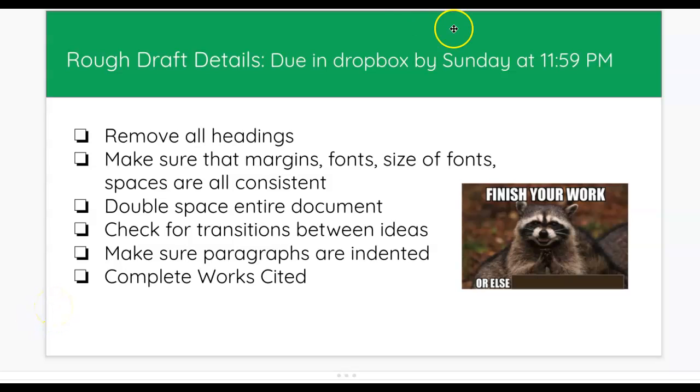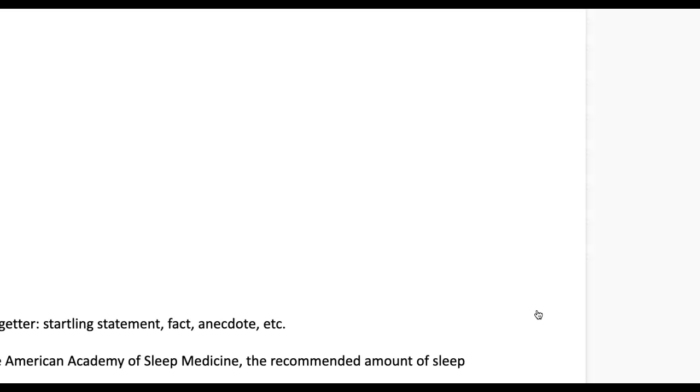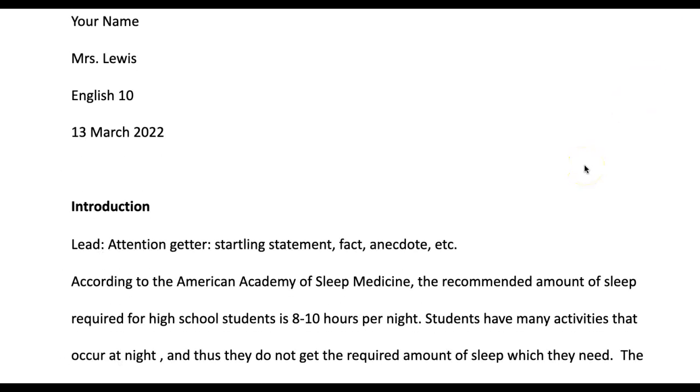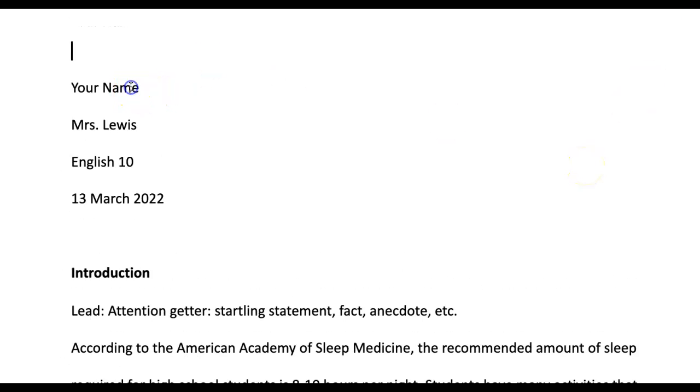Okay, how do we put your rough draft details together? First of all, you need to find whatever outline you've chosen. For example, if you have done outline number 2, where all the headings are there, I'm going to go through this for you. First of all, you have to put your name in here.